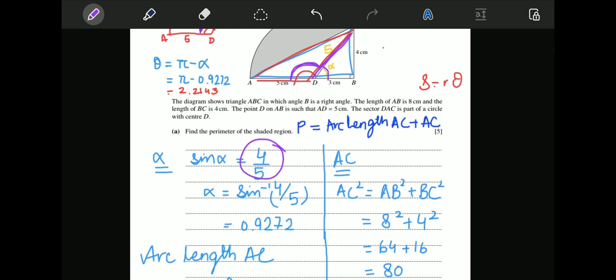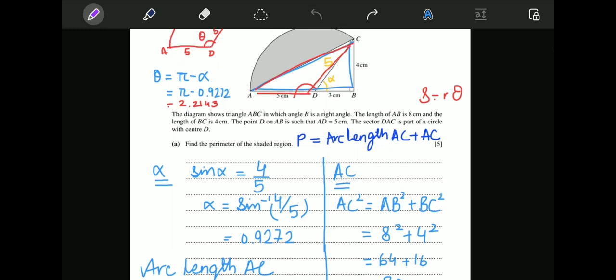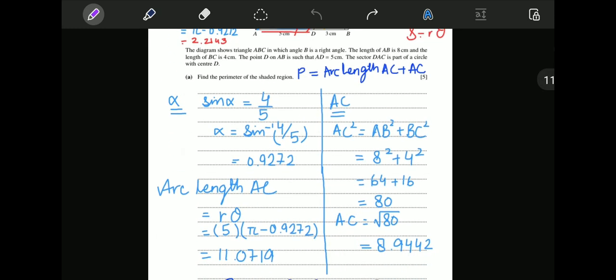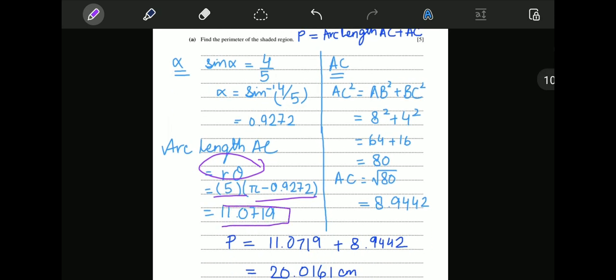So this is your alpha, and your theta is going to be equal to pi minus alpha. So this is your angle. If we know the angle, we can easily find the arc length, as arc length is equal to r theta. So r is 5 and theta is pi minus 0.9272. So this will give you this value.